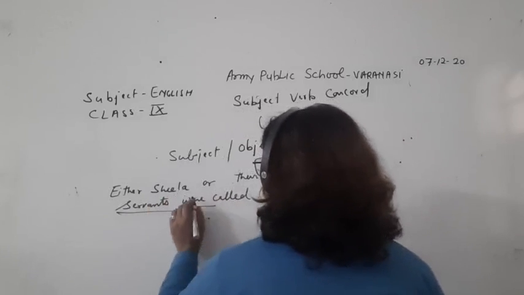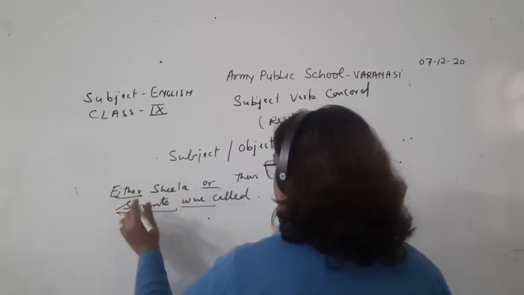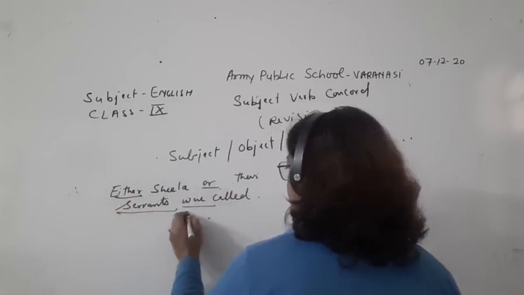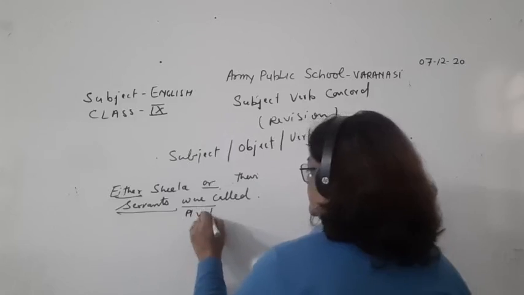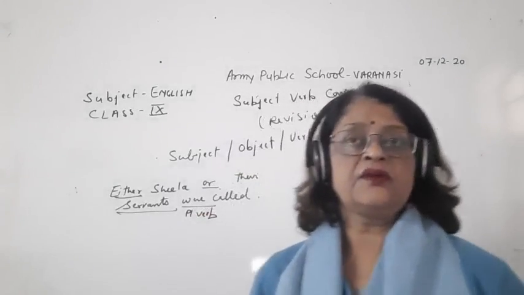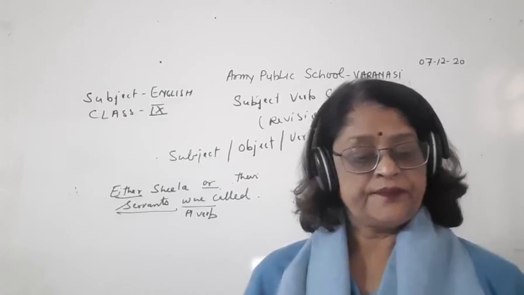So you can see children, it is the case of either or, and here servants is plural, so the plural verb is used. Either Sheila or the servants were called. Okay.